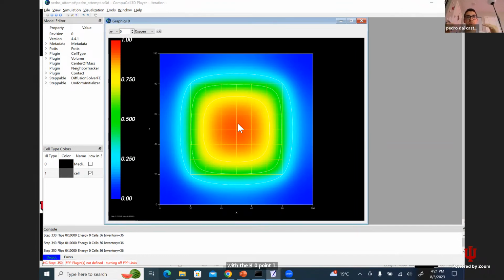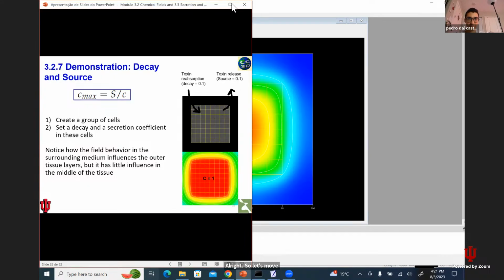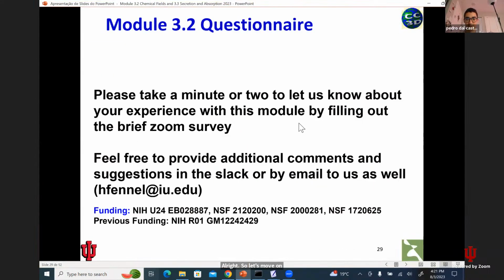So the ratio 0.1 over 0.1 is 1, which is red here in our case. All right, so let's move on. This is module 3.2.